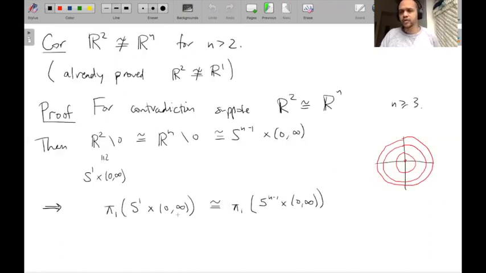And the fundamental group of a ray is trivial, similar to the proof that the fundamental group of R is trivial. So this is isomorphic to the fundamental group of the circle. And this is isomorphic to the fundamental group of the (n-1)-sphere. And so we know this is Z. And since n is at least 3, we know this is 0. So we computed that last week. And then that's a contradiction.